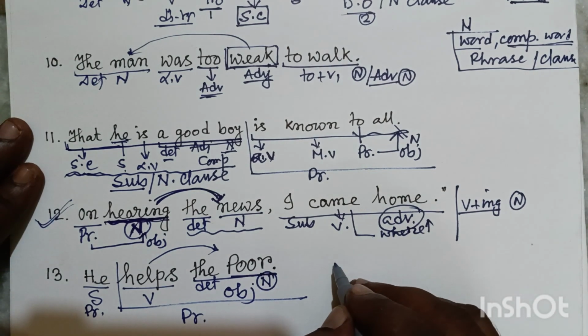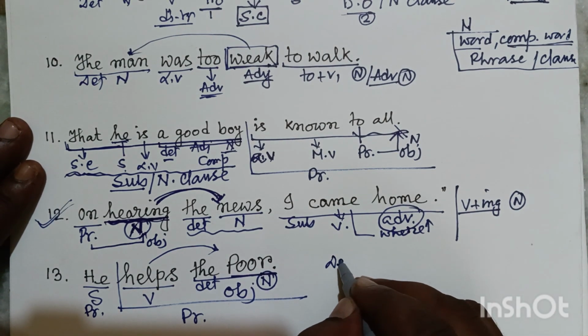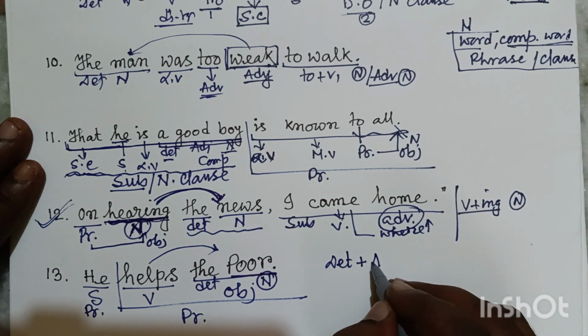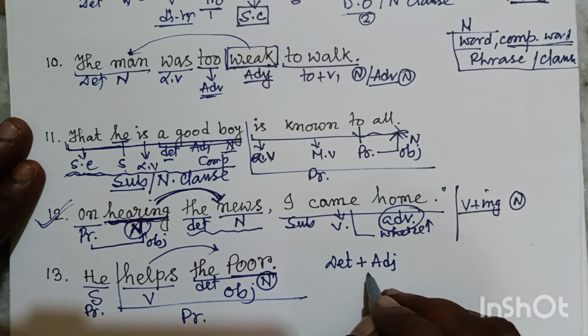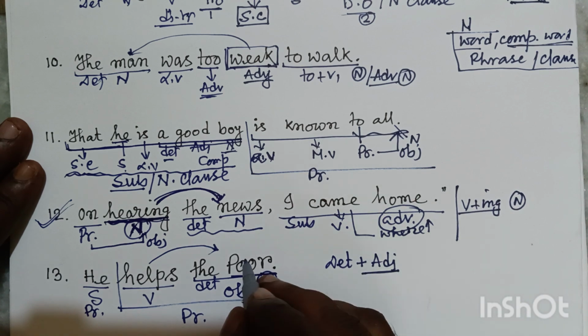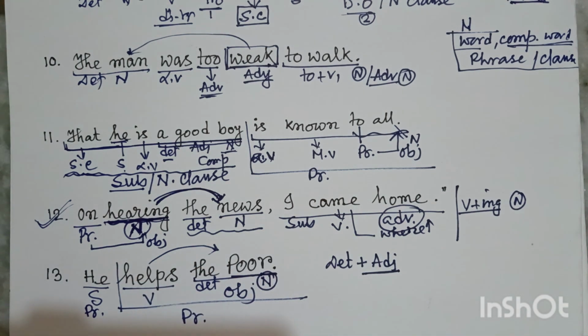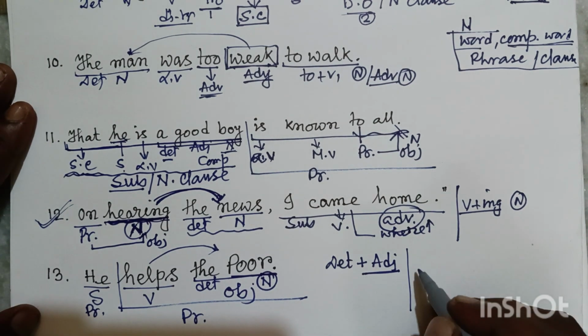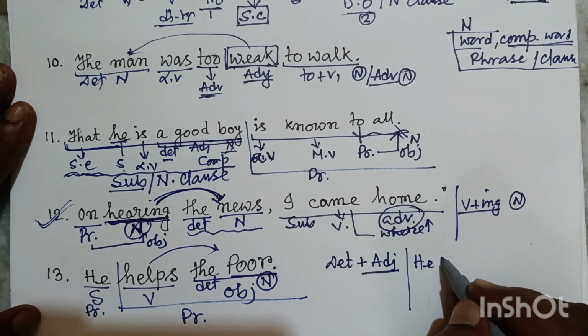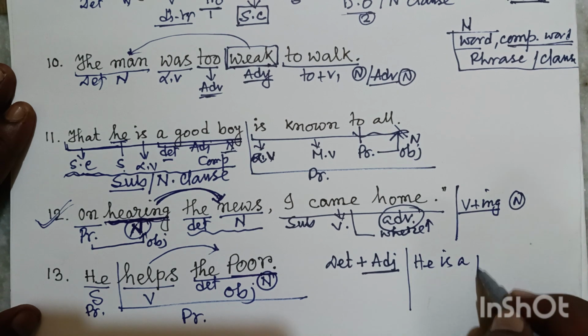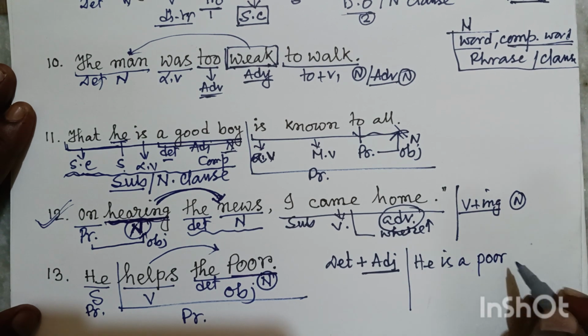Friends, whenever we use any kind of determiner, after that if we write down an adjective, it is used in the sentence as an adjective. It is clear. If we write down, he is a poor boy, try to understand the difference, poor boy.